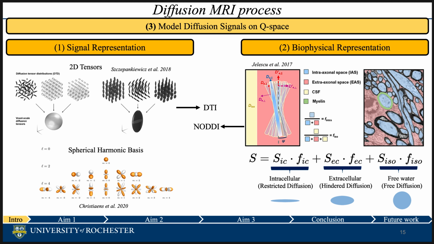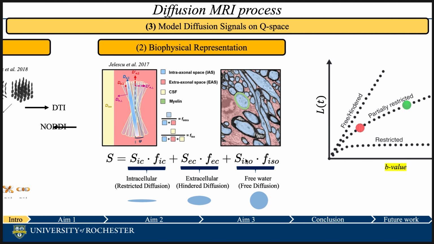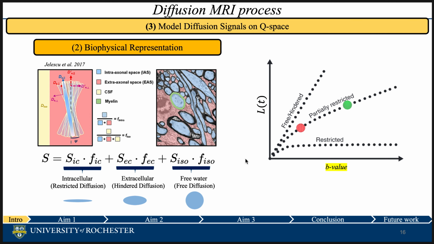And so we can take the fractions of these compartments and combine the diffusion signal they represent, and finally represent the diffusion signal that we receive from the scanner. These are biologically motivated models, so these are known as biophysical representation.